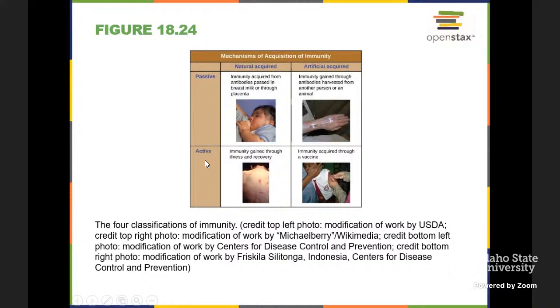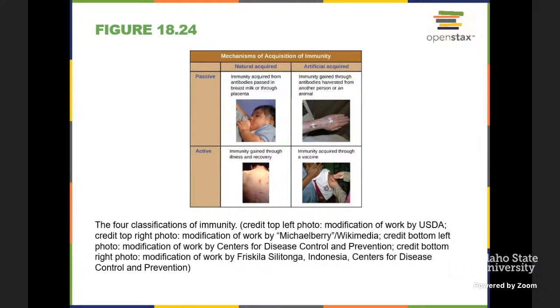Lastly, with this, the active immunity. This is immunity that's conferred just by flat out living, right? You get some infection and the immune response is stimulated and you produce antibodies. So illness and recovery: this is active, naturally acquired. Your body's doing it itself. And the active artificial is a vaccination.